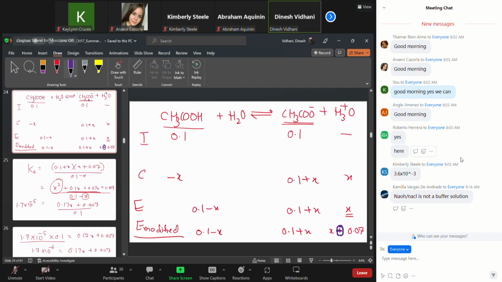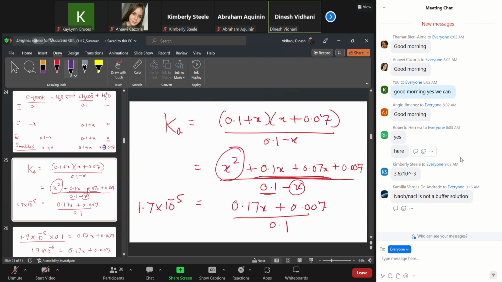Well, so this should have been positive. Go back to the equation. Look where we made that mistake. Do you see that mistake now? This one should have been negative. This one should have been positive.